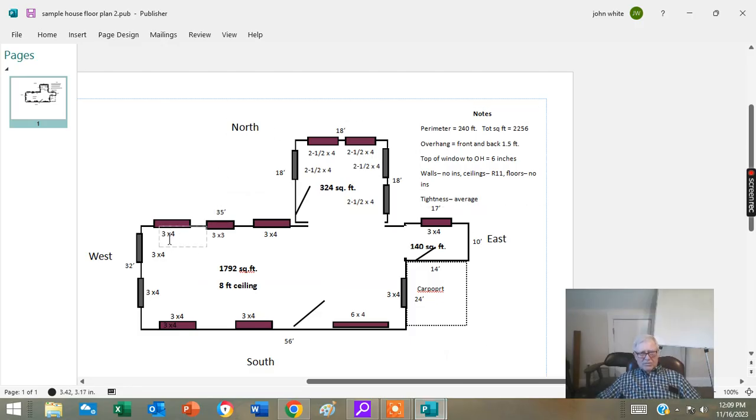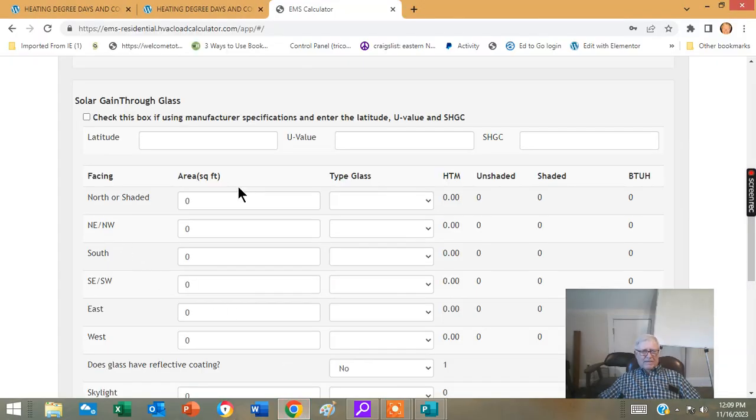So I've got 12 square feet, that's a 3x4, plus 9 square feet is 21 square feet, plus another 12 is 33 square feet, 2 and a half by 4 is 10 square feet, that's 43 square feet, 53 square feet, and another 12 will be 65 square feet, if I'm not mistaken. So we're going to go back to my calculation. We put 65 square feet facing north.